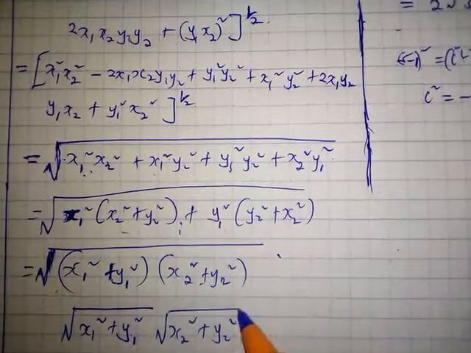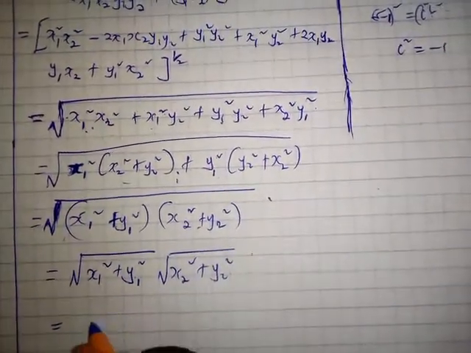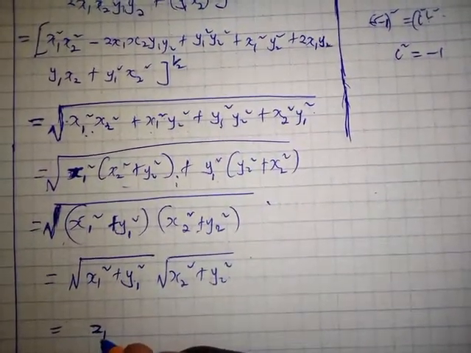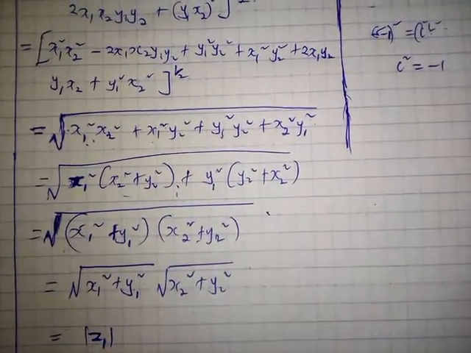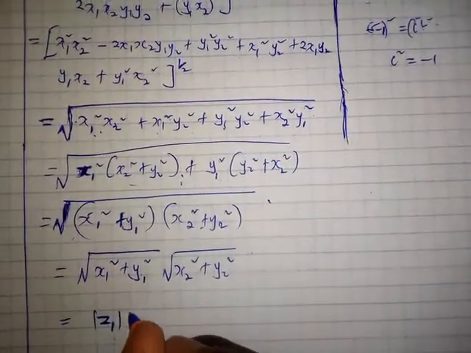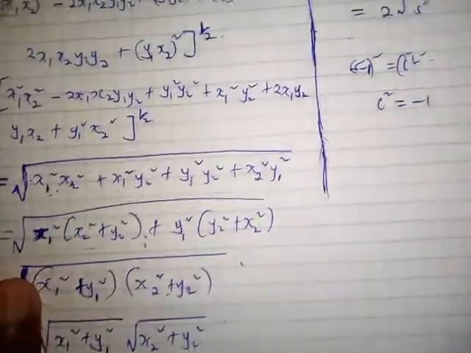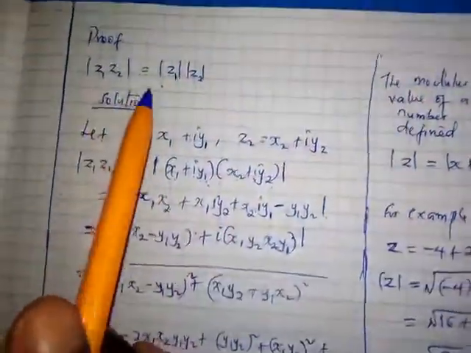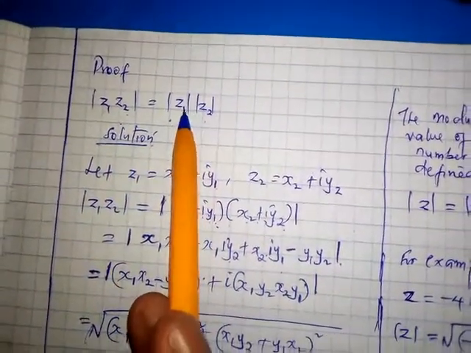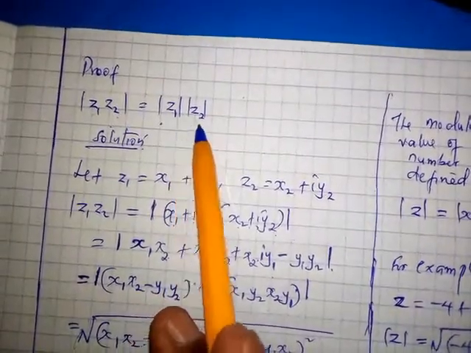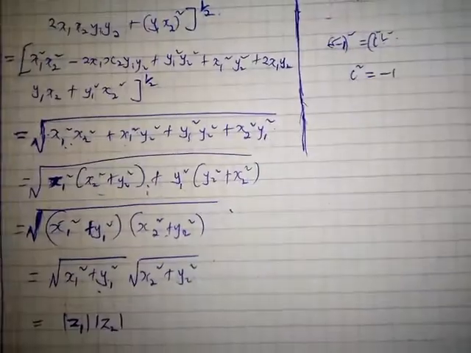Therefore the modulus of z1 times the modulus of z2 is equal to this, which proves that the modulus of the product z1 times z2 is equal to the modulus of z1 times the modulus of z2. So we have proved it.